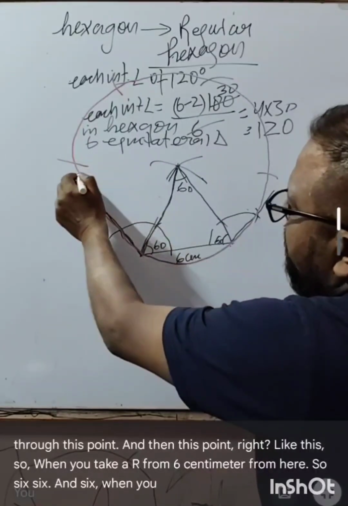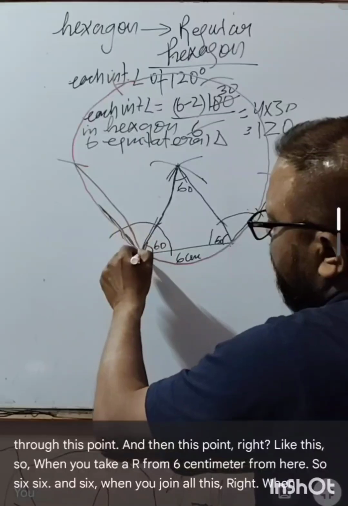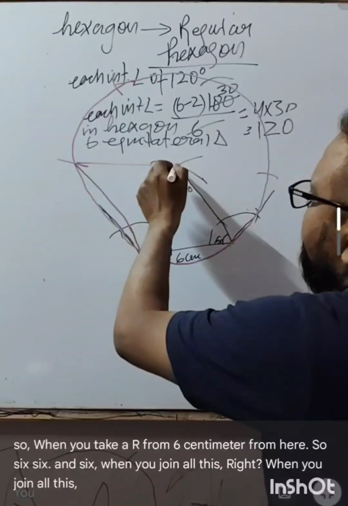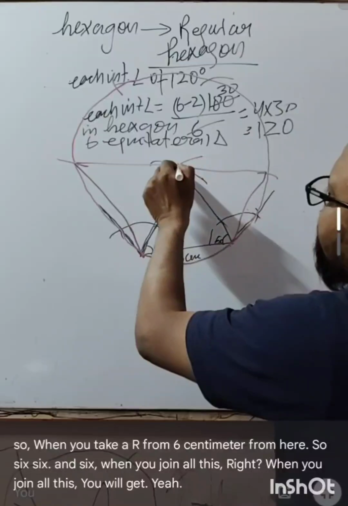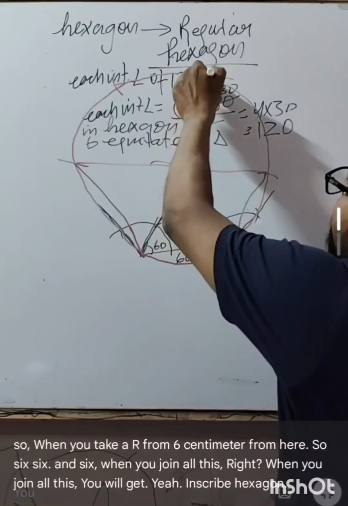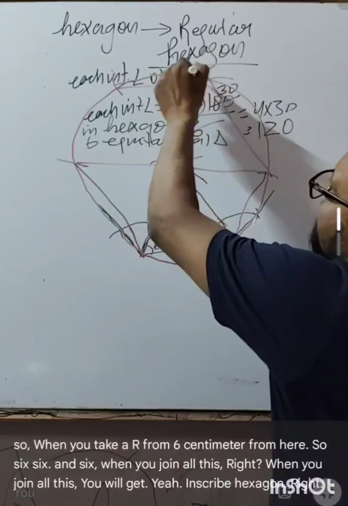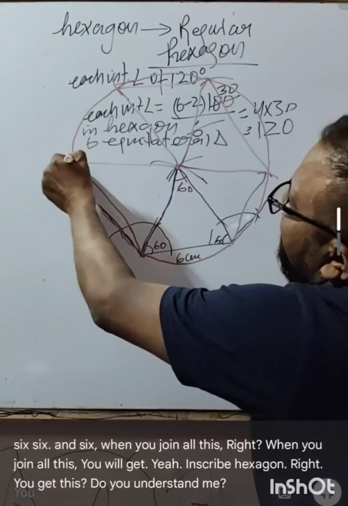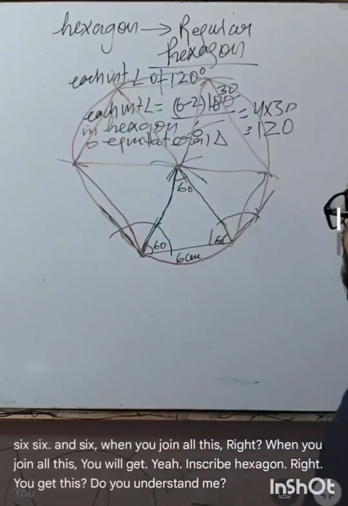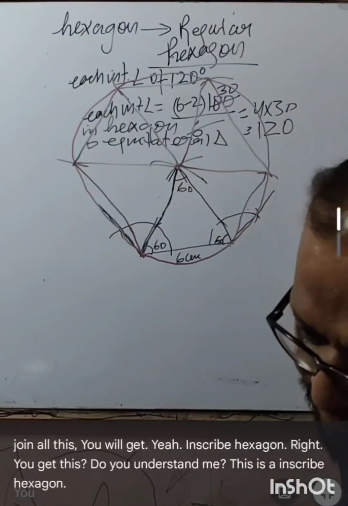When you join all this, you will get an inscribed hexagon, right? You get this? Do you understand me? This is an inscribed hexagon.